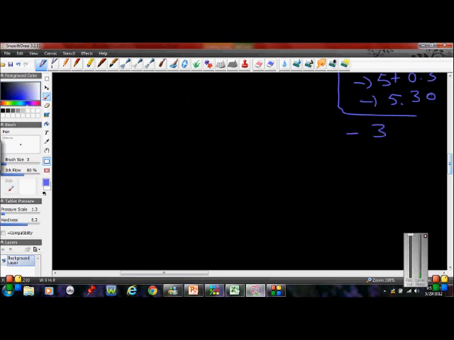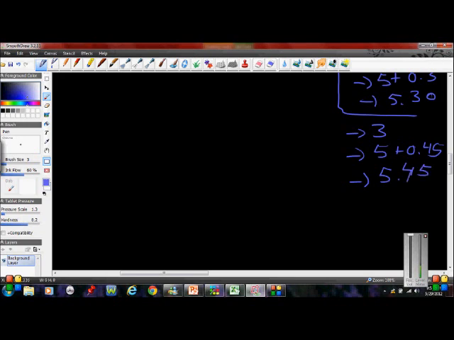Let's say it's 3. You're adding 0.15 three times, so 0.15 times 3 is 0.45. Then finally this will give you a value of $5.45, correct?